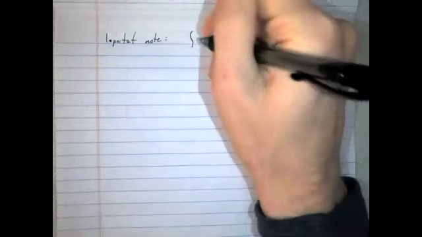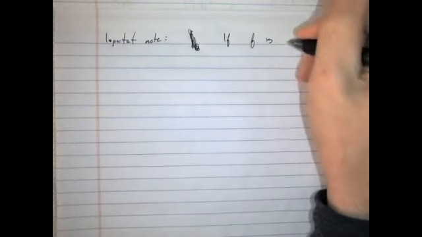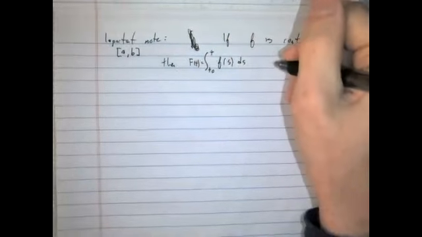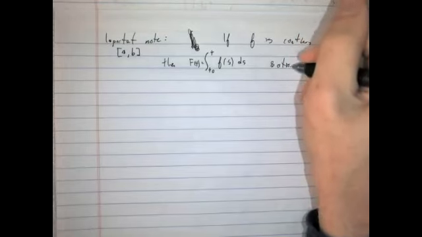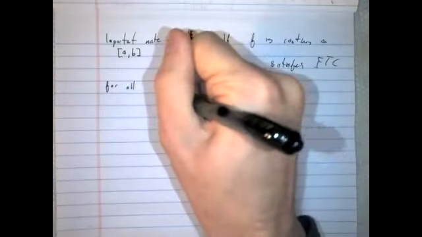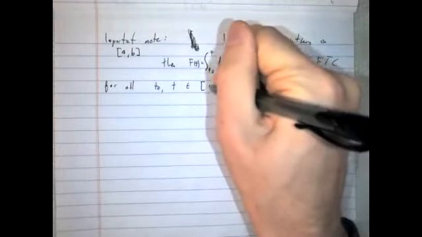If f is continuous on the interval a to b, then this function F of t equal to the integral from t0 up to t of f of s ds satisfies the FTC for all t0 and t inside (a, b).